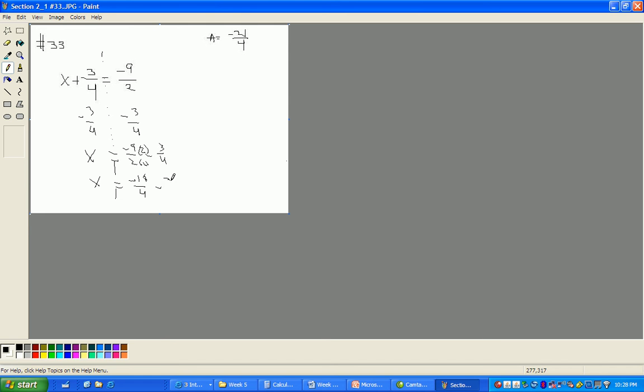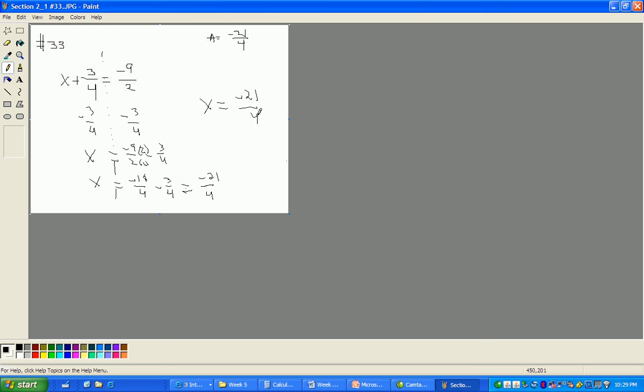When we subtract fractions, we just subtract the top numbers, and our answer has the denominator of 4. Negative 18 minus 3 gives us negative 21. So our answer is x is equal to negative 21 over 4. What do you know, that's what was in the back of the book. So we have done this one right as well.